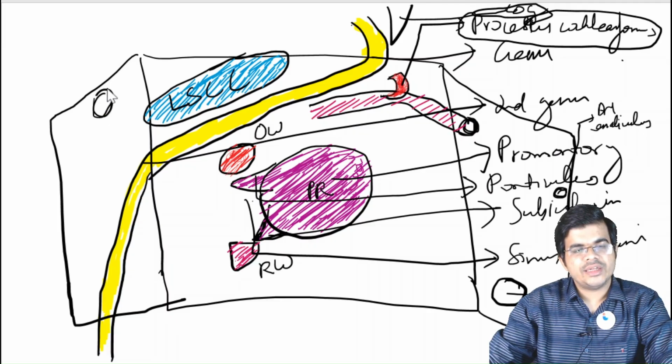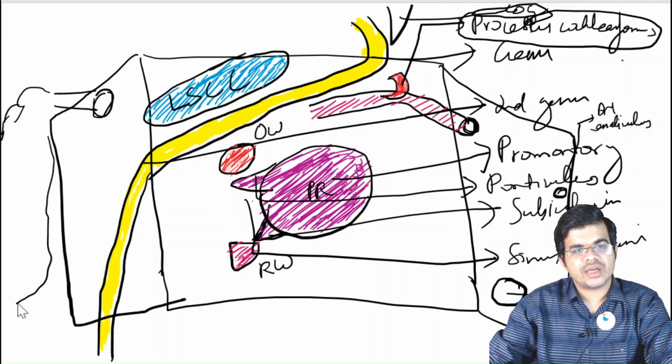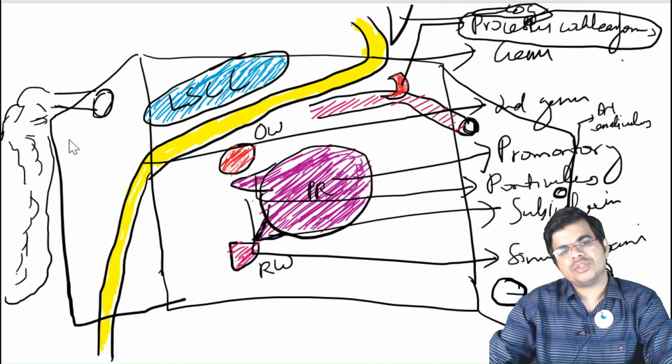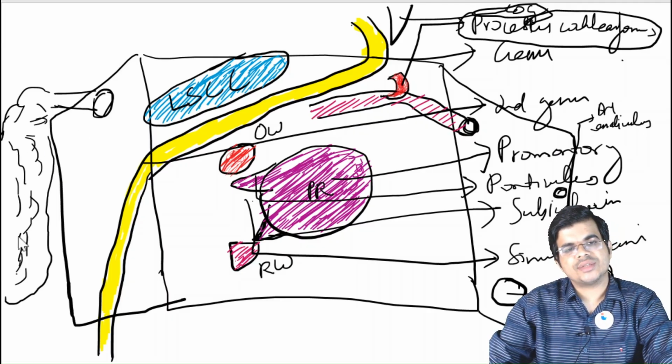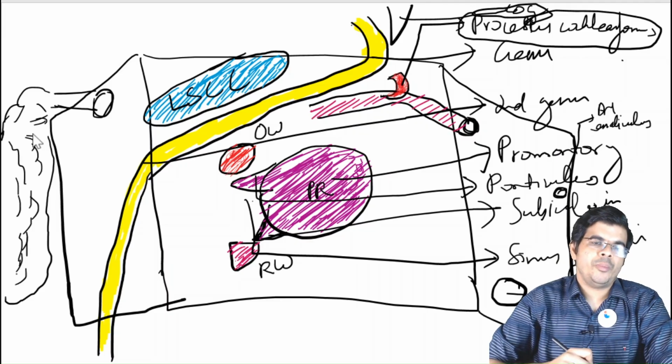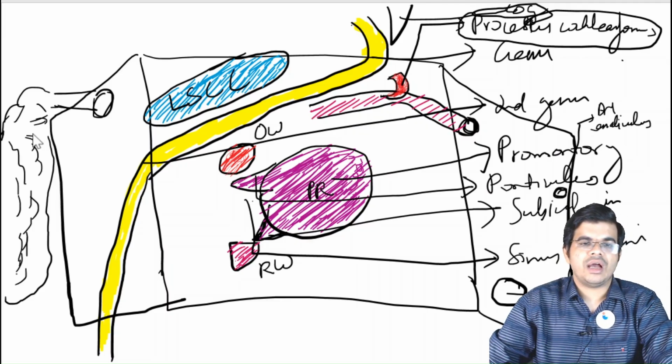Superiorly, you have the aditus opening. It is through this opening that the mastoid air cell system is connected with the middle ear, and this is called the aditus.